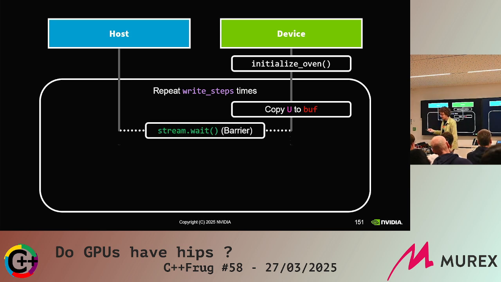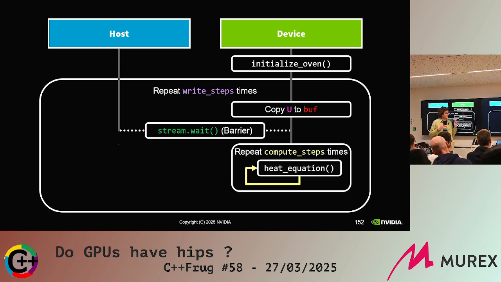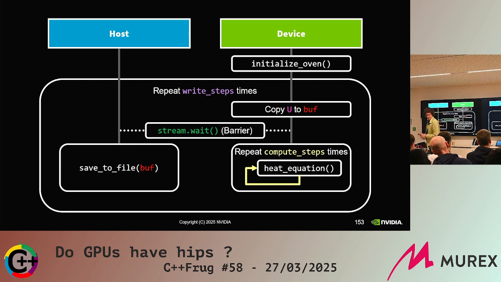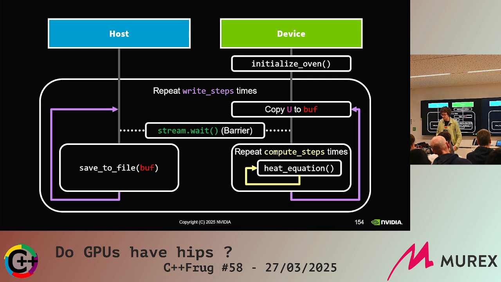And then we immediately wait on the stream, ensuring any previous compute and the copy have completed before we continue. And then next, we asynchronously launch our heat equation solver compute step times on our stream. And then on the host, we start outputting the staging buffer at the same time as the heat equation solves are happening on the GPU. And then we just repeat this for every iteration of the outer write loop.